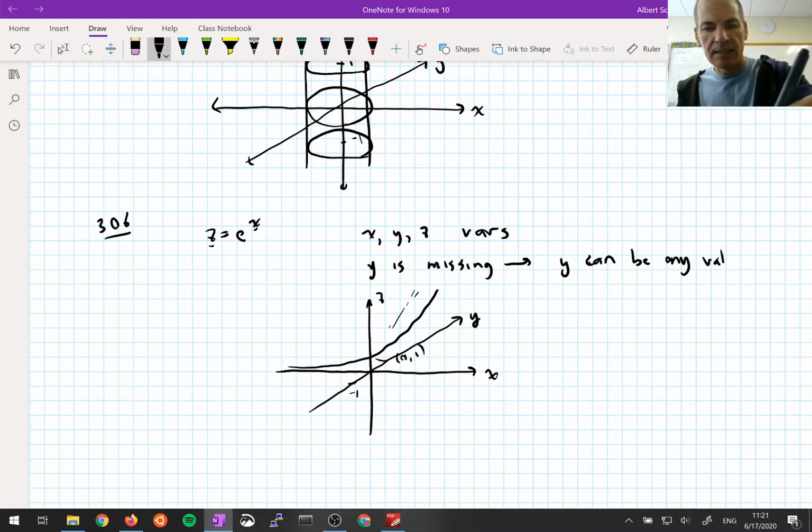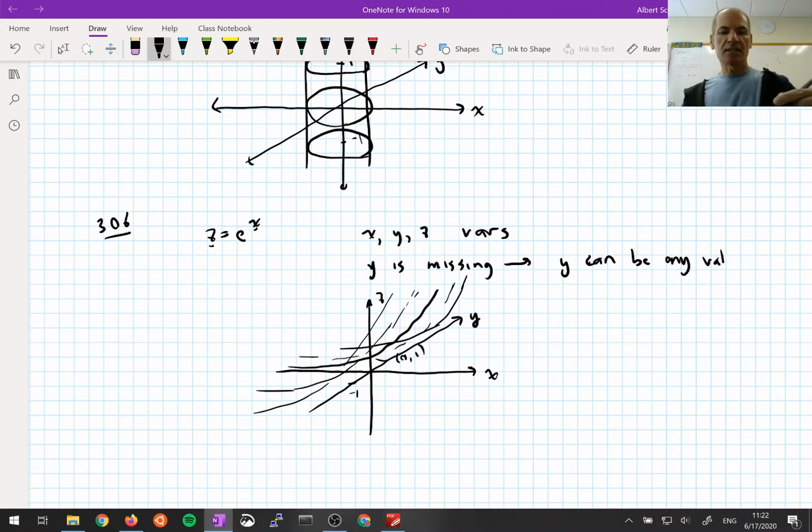We could still sketch a section of the curve there sitting at -1. And if y were 1, there'd be a section of the curve out here. And that's just how it works. You extend in both directions, parallel to the y-axis.